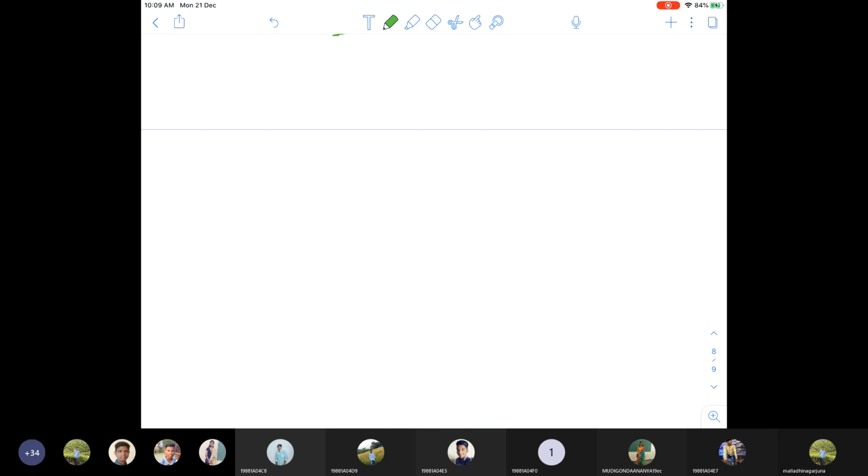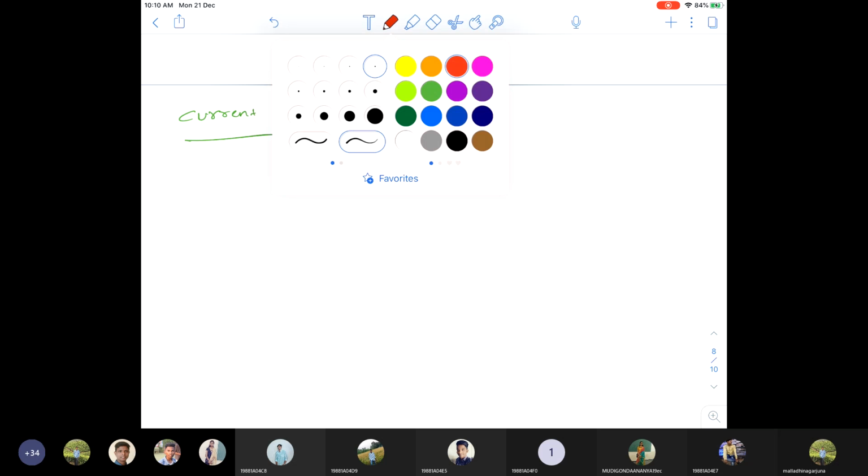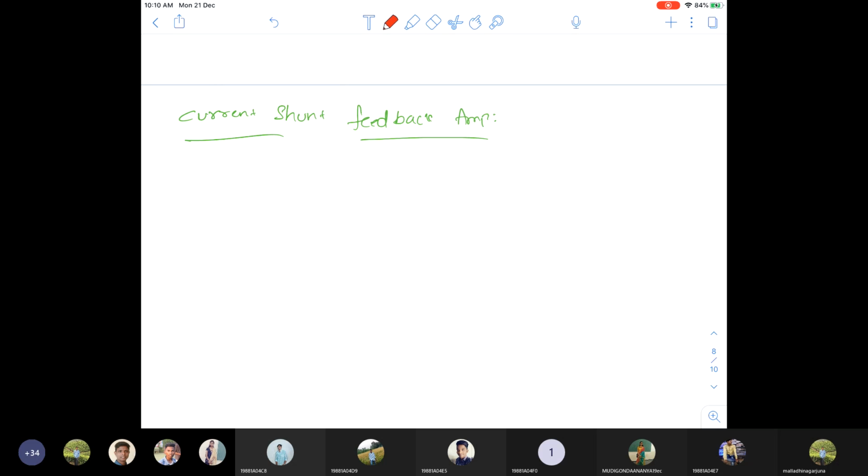Any queries? Current shunt feedback amplifier.